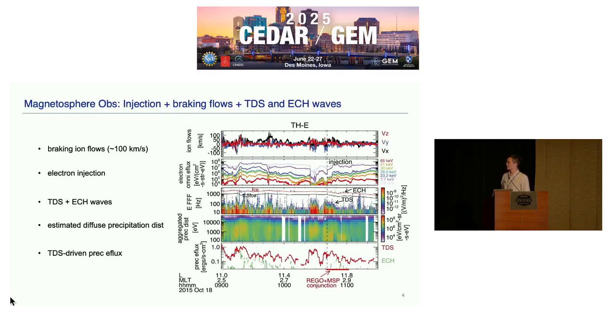We can also calculate the integral precipitating energy flux for each individual wave mode, plotted in the bottom panel. We see that in this case, TDS-driven precipitation clearly dominates. And this little red bar identifies the time interval when we have conjunctions with ground-based auroral observations.